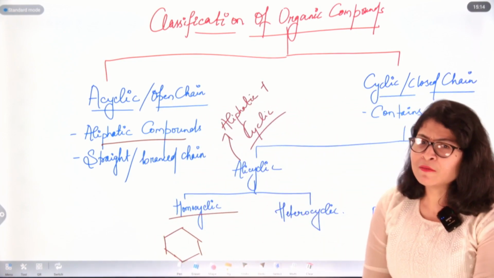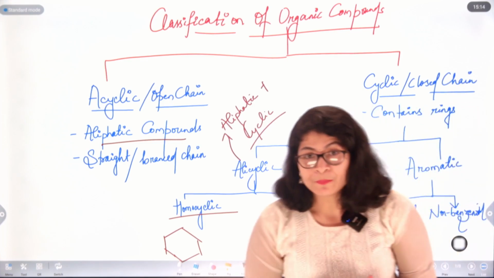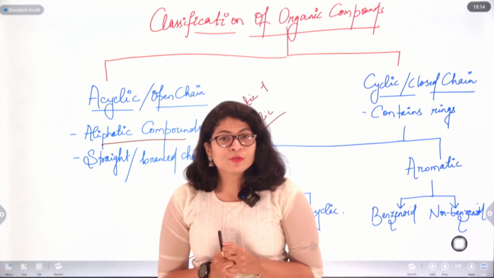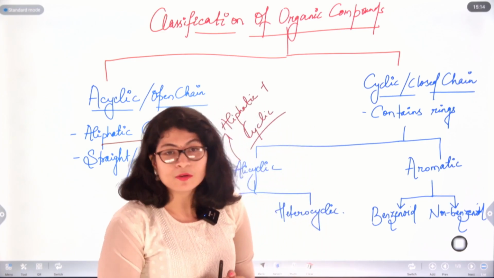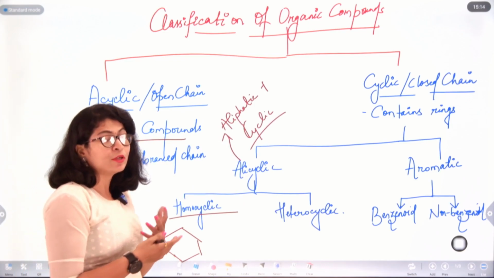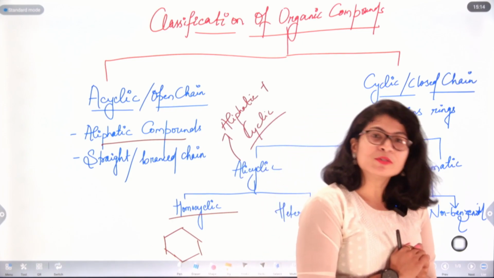Now you might remember that in the previous lectures I said something about heteroatoms. What is that? Any atom other than carbon and hydrogen in the carbon ring or carbon chain is called a heteroatom. If there are any other foreign atoms which do not belong to the family of hydrocarbons, they form heterocyclic rings.